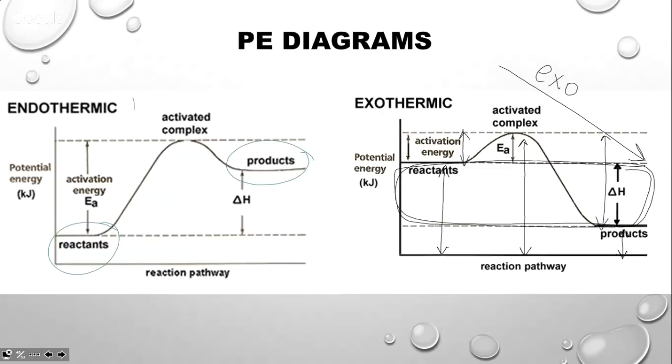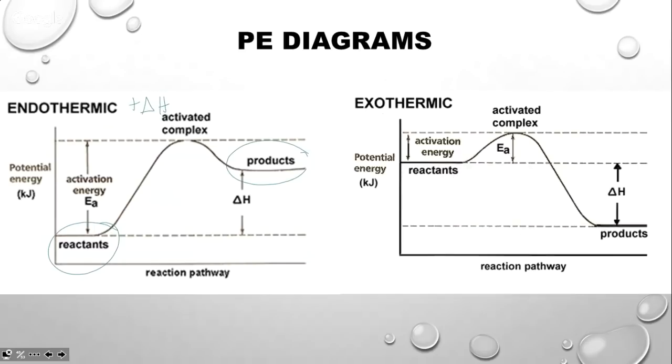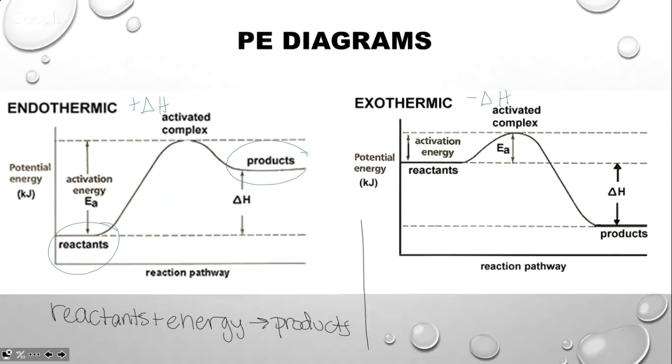So for endothermic, it has a positive value of delta H. And for exothermic, it has a negative value for delta H. For endothermic, we would have reactants plus energy makes products. For exothermic, we would have reactants make products plus energy.